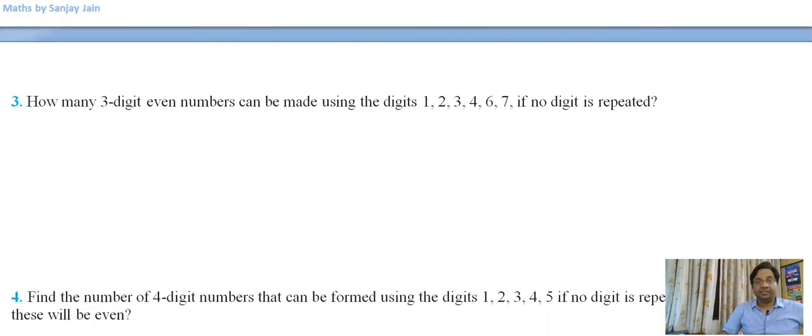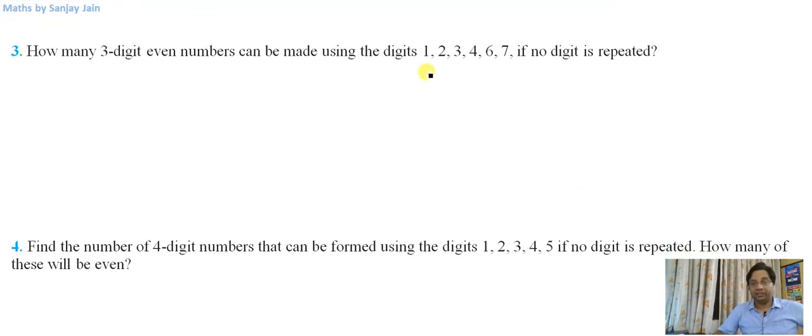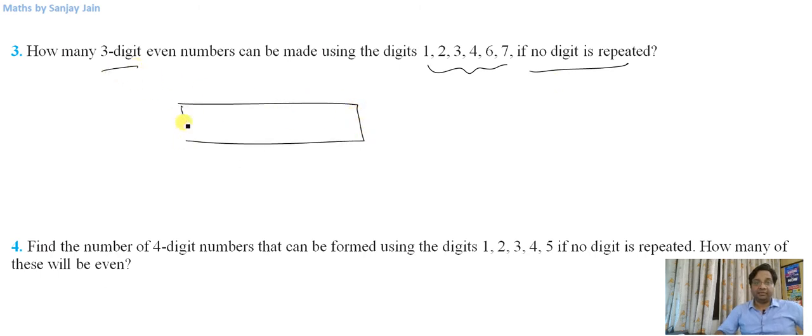How many 3-digit even numbers can be made using the digits if no digit is being repeated? Now I need to make a 3-digit number, and it should be an even number. So for this place, I have only 1, 2, 3 options. So I have 3 ways to fill this place, the units place. Okay, and no digit is to be repeated.